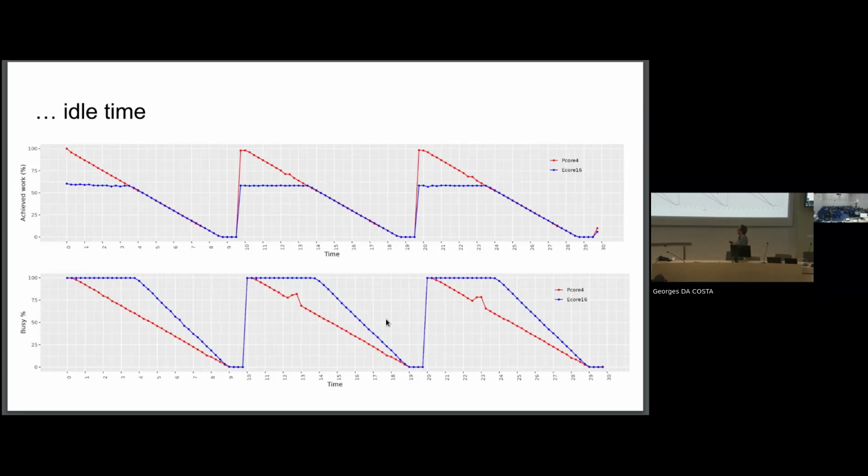But the P-core is able to complete the work and then go to sleep. That is why we have more idle time on the E-core as we increase the amount of work.